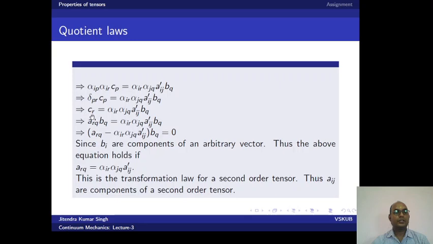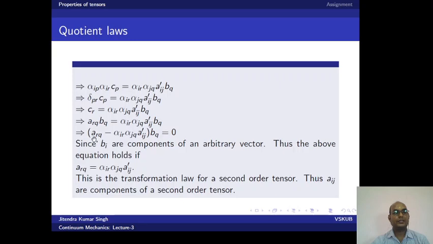Now I am using the definition of this cr, because ci we have defined as aij bj. So cr is equal to arq bq, which is equal to alpha ir alpha jq aij dash bq. Now the left side term I am shifting to the right hand side, and taking bq as common.